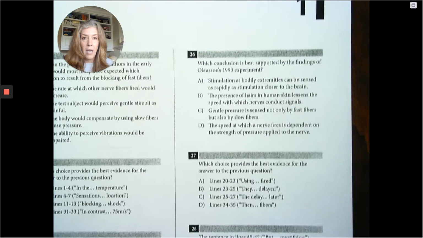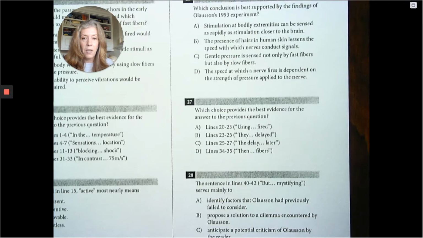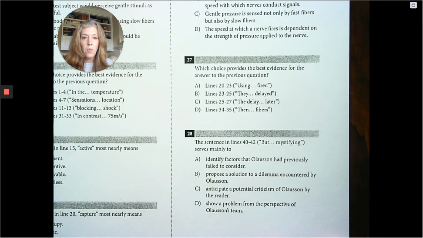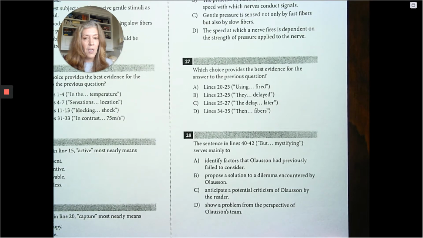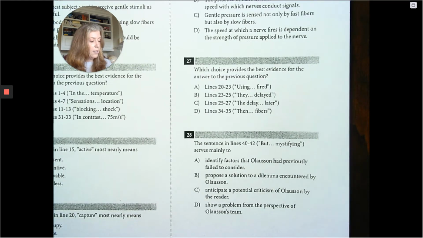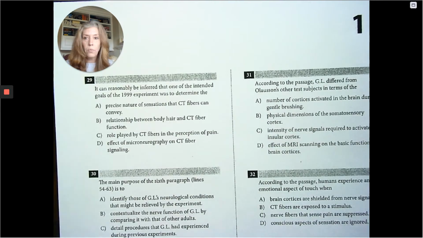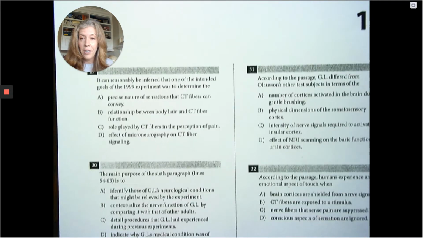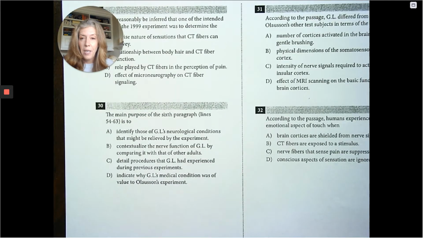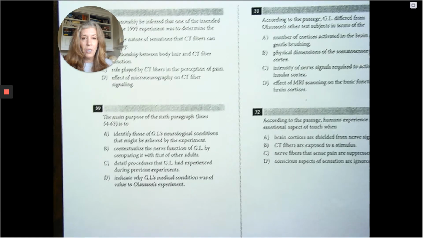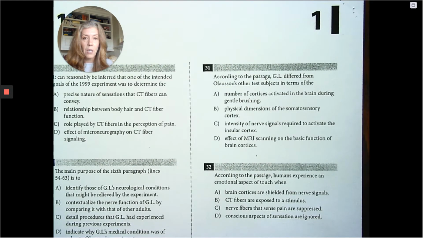Conclusion, that is a theme question. Evidence. When the sentence is mostly serving mainly to, that's a theme question. Reasonably inferred, that's a theme question. The main purpose of a paragraph is a theme question. According to the passage, GL differed from, so that's a factual question.